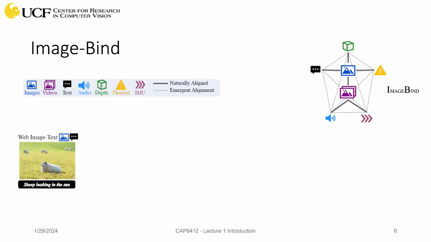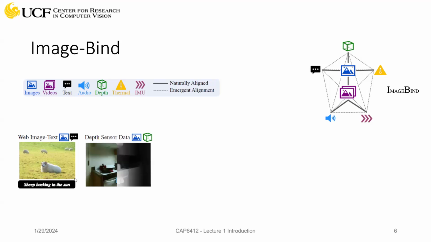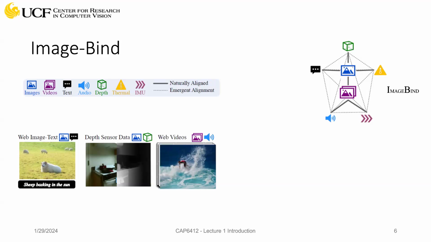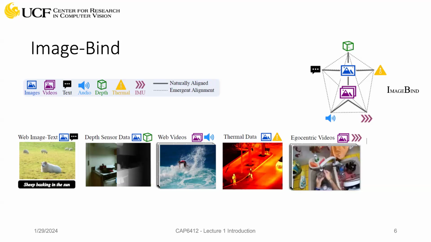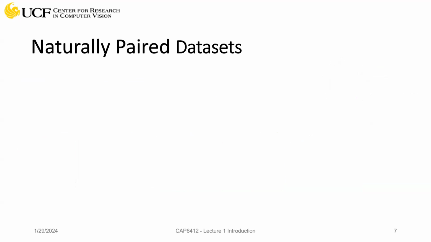So here we have web image-text: we have the image and this caption, like in CLIP. Here we have the depth sensor and the image: this is an image, and this is a depth map, the distance from the sensor to a particular location. And this is web video: we have the video and the audio, since video contains audio. And this is the thermal data. And this is the egocentric video, the IMU and the video. Okay, so that's the idea.